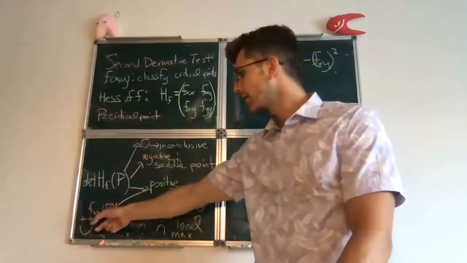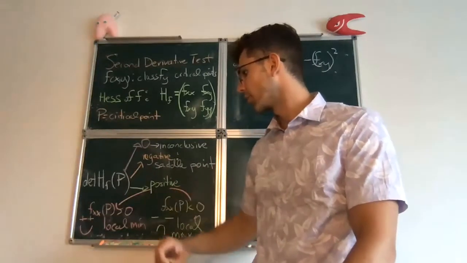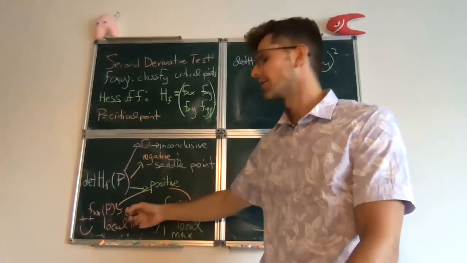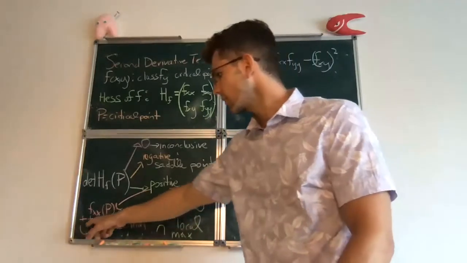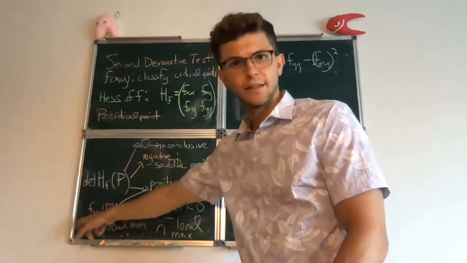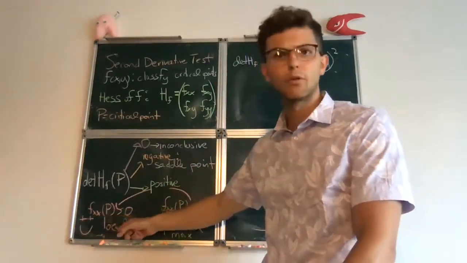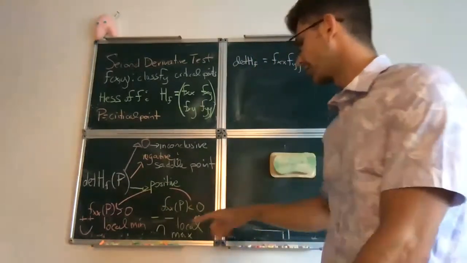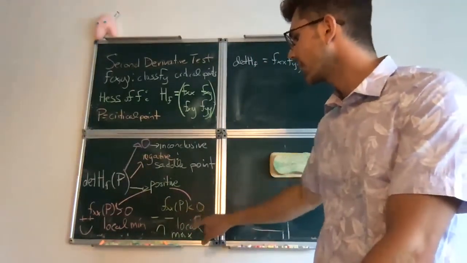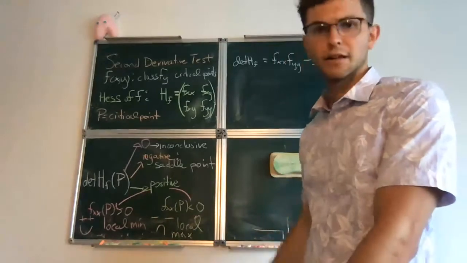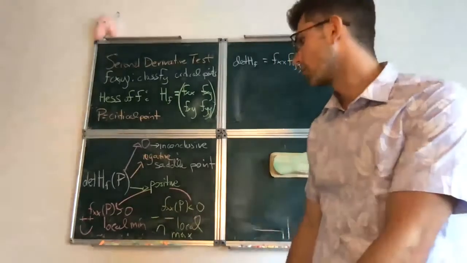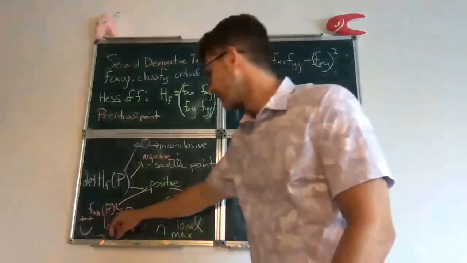You evaluate this one at the critical point, and if you get something positive, this is the happy face, meaning that it gives you a local min. On the other hand, if you get something negative, this is the sad face, meaning that you get a local max.